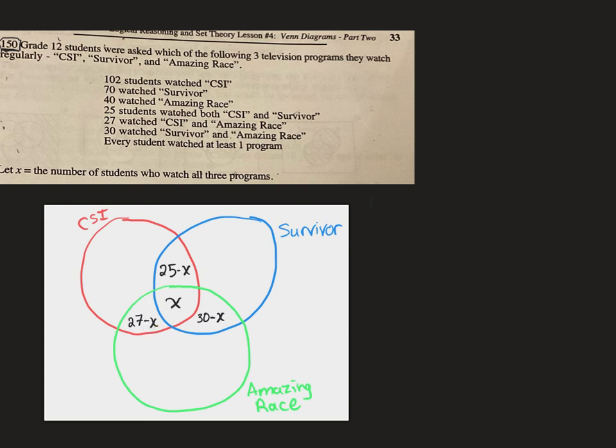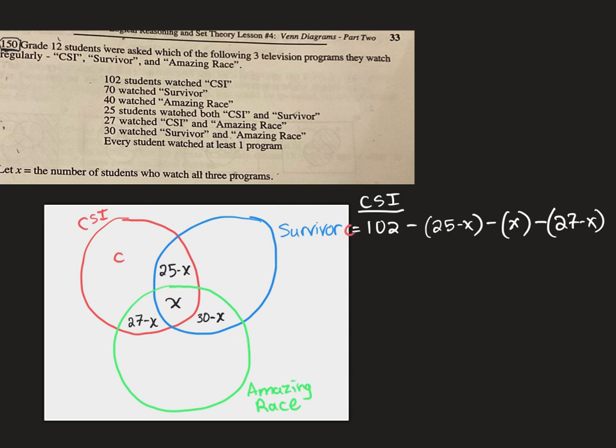It's going to be algebra because X is involved, so let's deal with the CSI circle. So we'd go 102, and then we'd subtract 25 minus X, need brackets around that, subtract X, and subtract 27 minus X. And that will give us, I'm going to call that C for now.